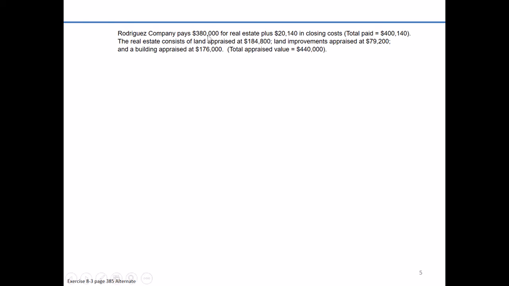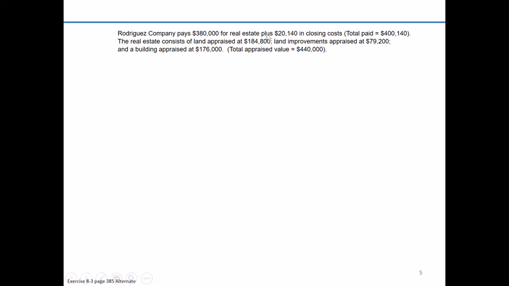It indicates that the company paid $380,000 for the real estate plus $20,140 in closing costs. And if you think back to our scenario with our machine, we indicated any normal, reasonable amount paid to acquire an item and get it ready for use is part of the cost of that machine altogether.